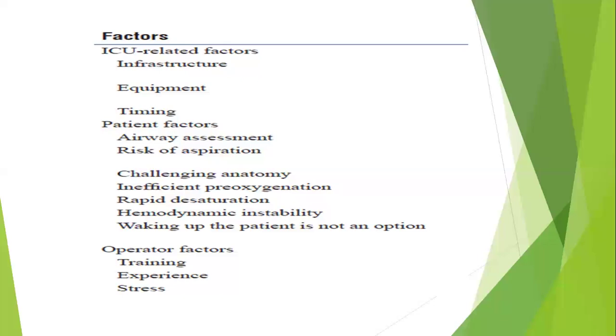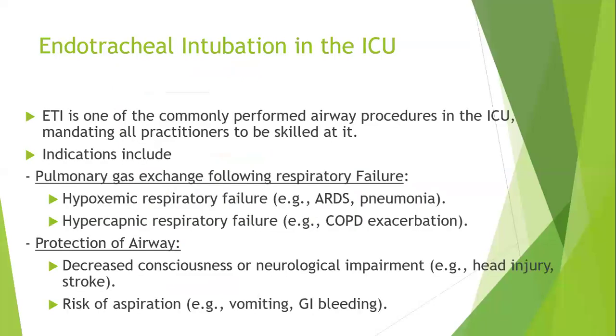Risk of aspiration, challenging anatomy. All right, inefficient pre-oxygenation, patients desaturate fast because of the pathology, hemodynamic instability, and these are the things I've mentioned before. Operator factors. All right, most of the times we don't have skilled hands during odd hours in the ICU.